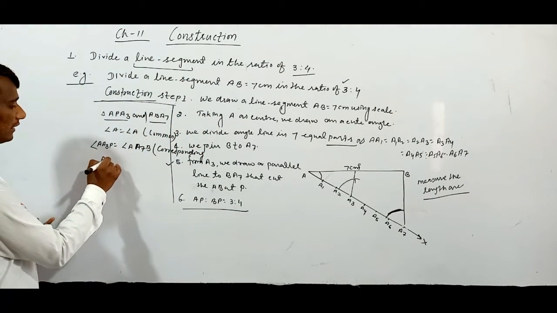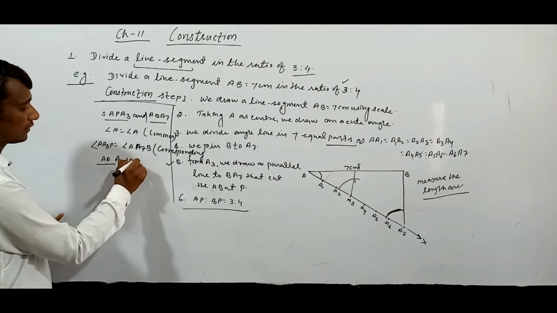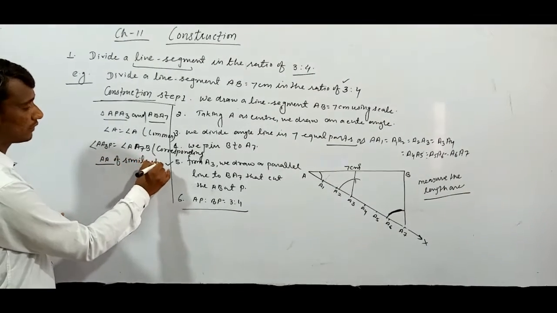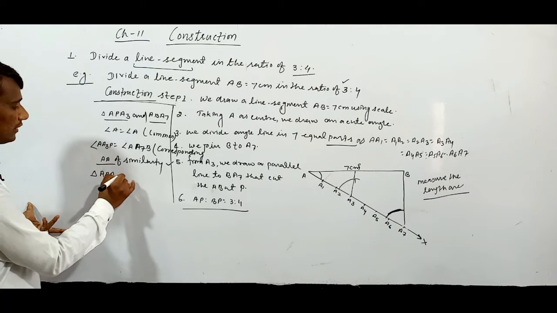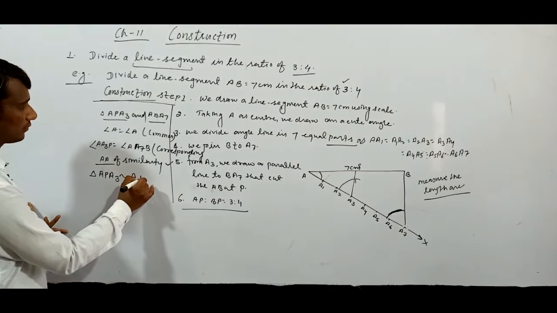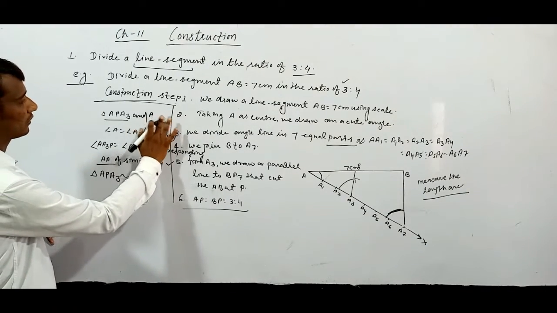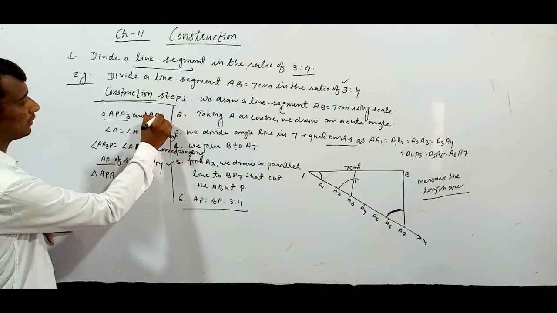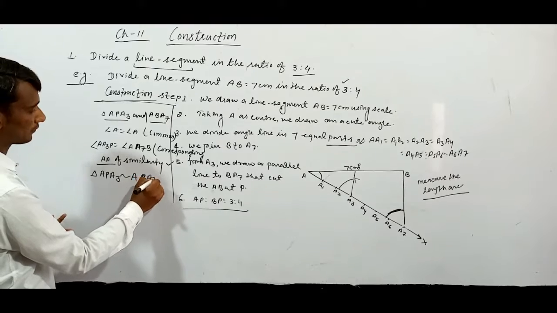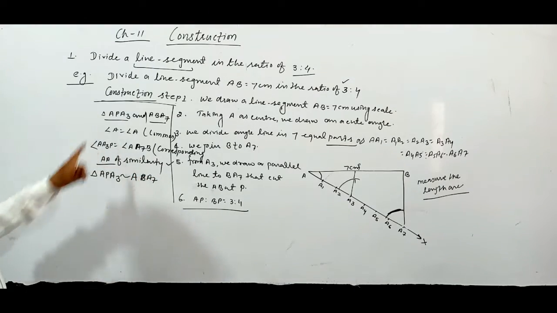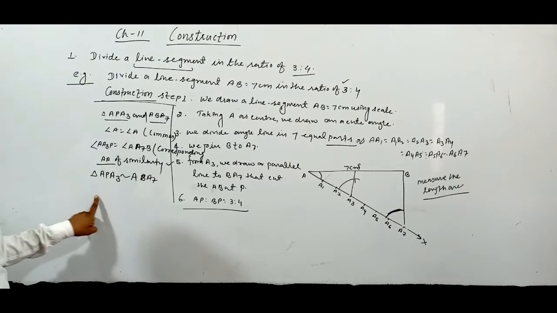So by the AA criteria of similarity, we can say triangle AP A3 is similar to triangle AB A7. So AP A3 and AB A7 are two similar triangles.